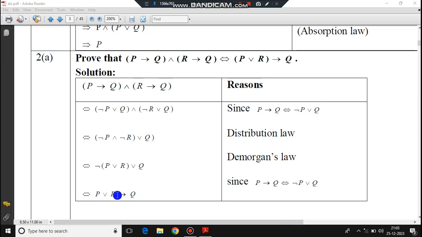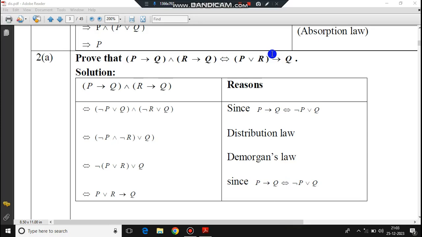So thus this is what the right hand side is. Look at this right hand side. So we have taken the left hand side, applied the formulas, distribution formula, De Morgan's law, and this formula to get the right hand side. This type of problem will be asked in the university question now and then.